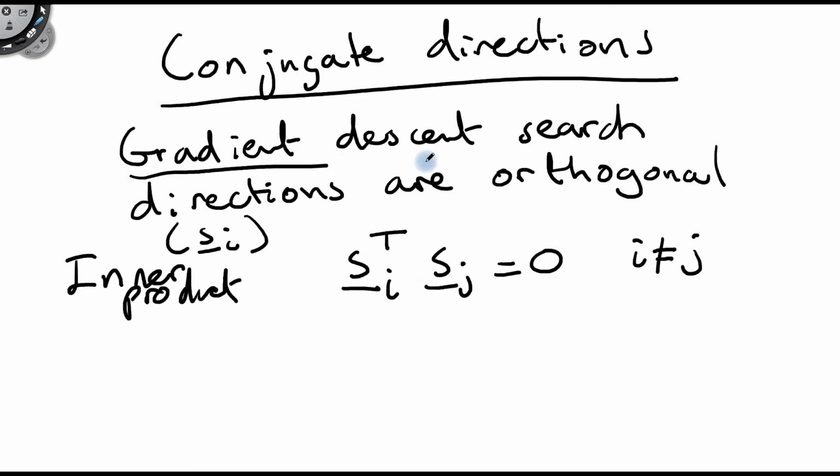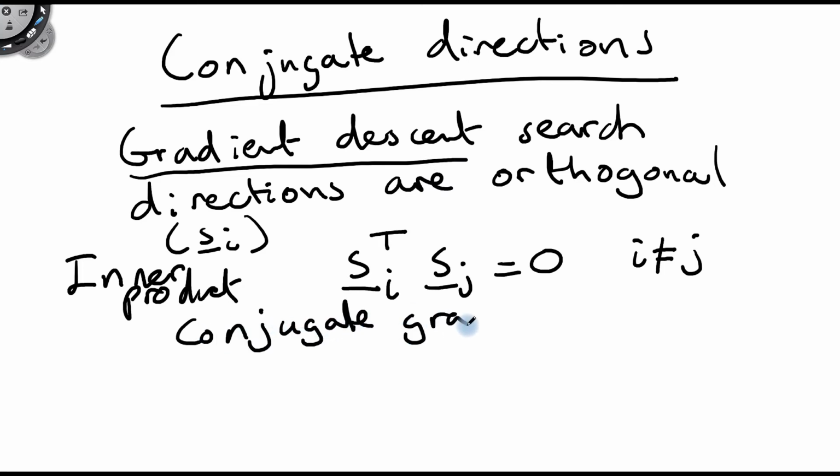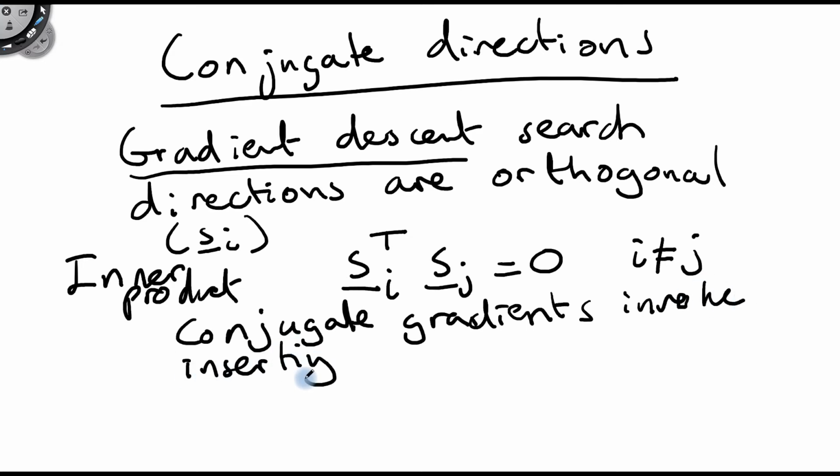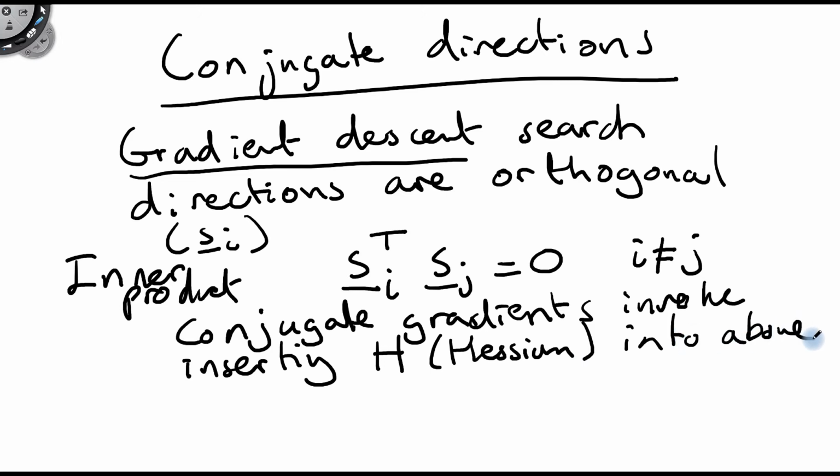So that's gradient descent. So conjugate gradients involve inserting H, the Hessian, into the above. Now, this is not a random thing.